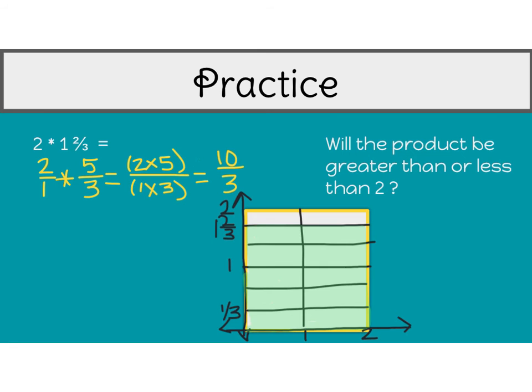So here's my 10 thirds. As you can see, using an area model or using the regular multiplication algorithm, we come up with the same answer. We can then decide if we are going to leave our answer as a fraction or turn it back into a mixed number.